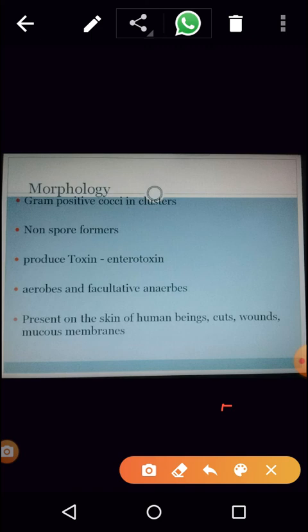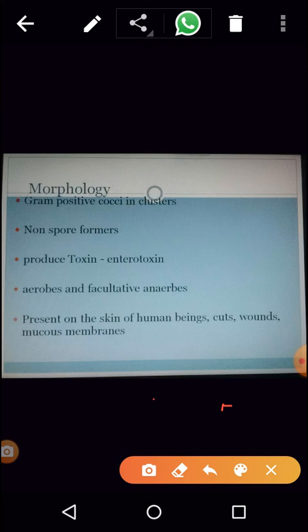When you see this organism under the microscope, it looks like a bunch of grapes. In Greek, staphyle means bunch of grapes, and coccus means berry. So it looks just like a bunch of grapes under the microscope, and that's why the name Staphylococcus has been given.